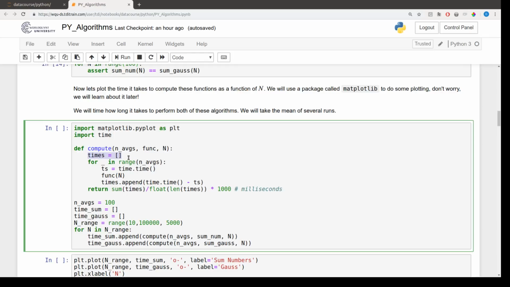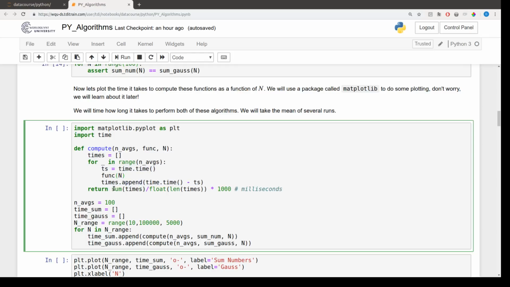We're hoping to get a good, representative time by running the function multiple times and averaging it together. So we will find our start time, ts. We'll run the function, and then append to our list of times the current time minus the start time, the elapsed time between when I started my function and when I append the new time to the list.